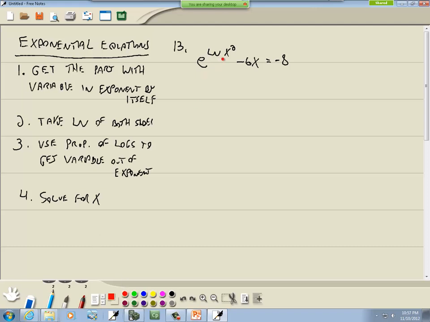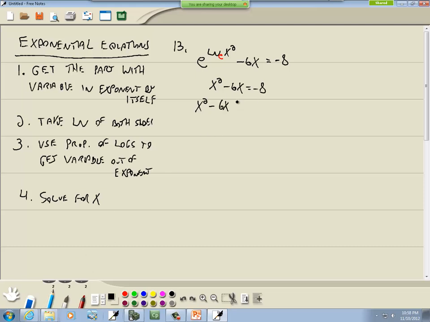When you have this, your base is e, and when those match, the e and the ln are going to cancel away and just leave you the exponent. So we've got x squared minus 6x equals -8. Doesn't really fit these steps. Now we want to get everything on one side, 0 on the other, because we've got an x squared. So we've got x squared minus 6x.